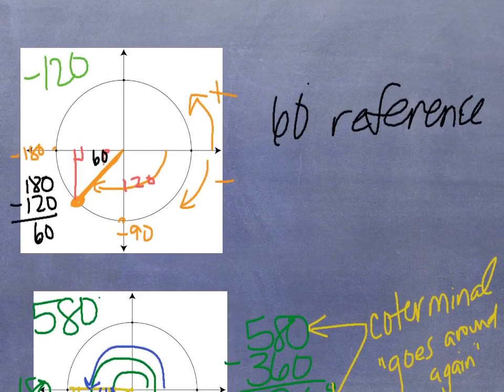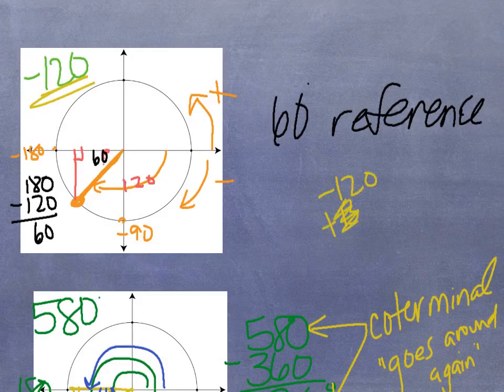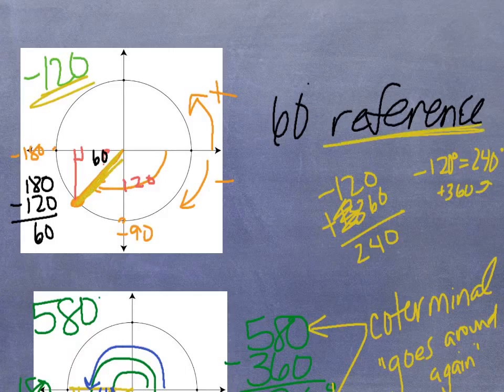For example, up here, if you didn't like the negative 120, you could add 360 degrees to that and get a coterminal angle of 240. So negative 120 degrees is actually equal to 240 degrees, because if you just add 360 to it, you're getting 240. That could help you locate where to draw it on that coordinate plane. Coterminal is wrapping around. Reference is in regards to the x-axis.